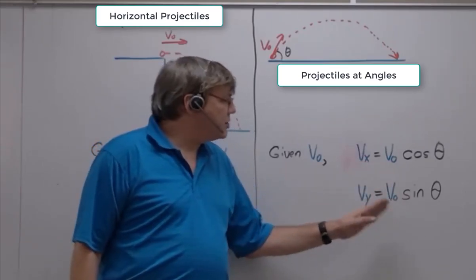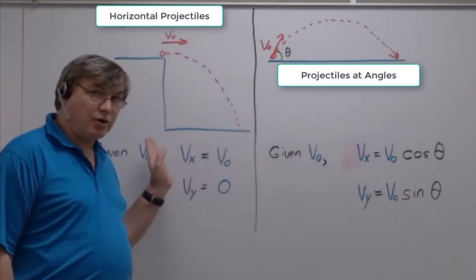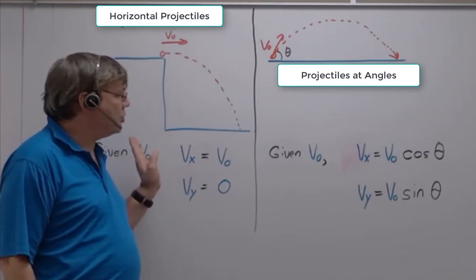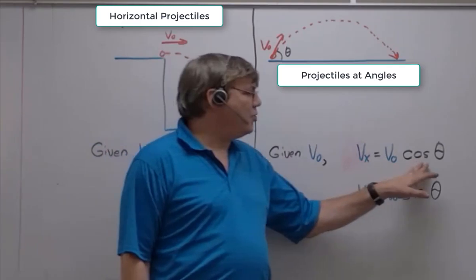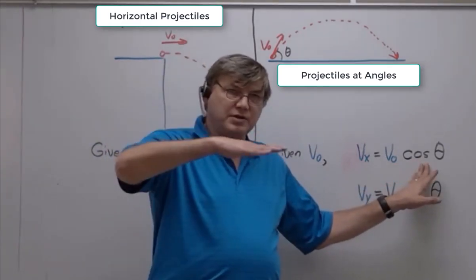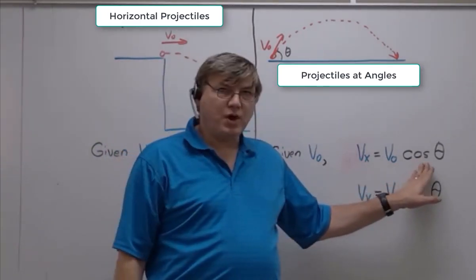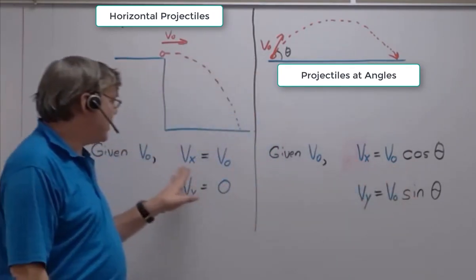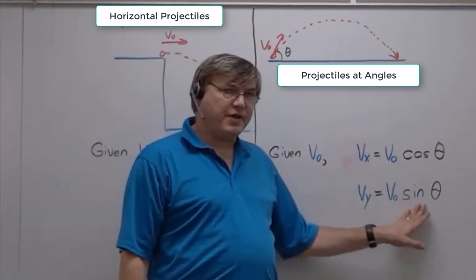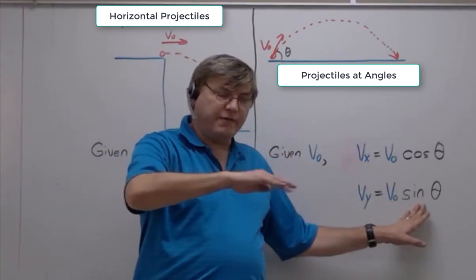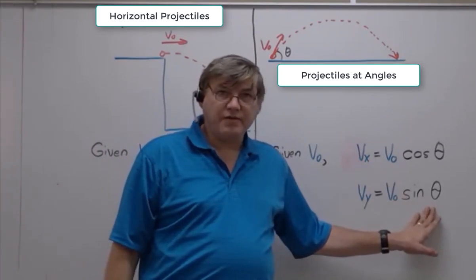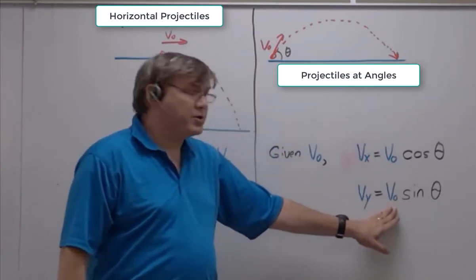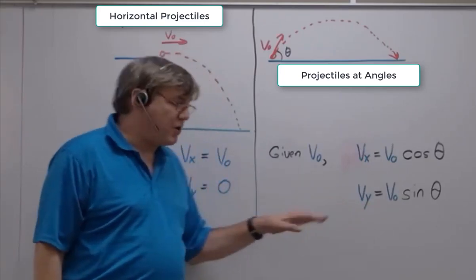These equations are exactly the same and could be used for horizontal motion if we wanted to, because the cosine of theta, if theta is 0 degrees, is just 1, which means that Vx is equal to V naught, just like it is here. The sine of theta, if the angle is 0, is 0. 0 times V naught would give 0 for Vy.